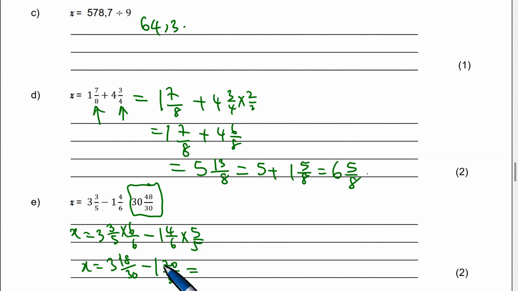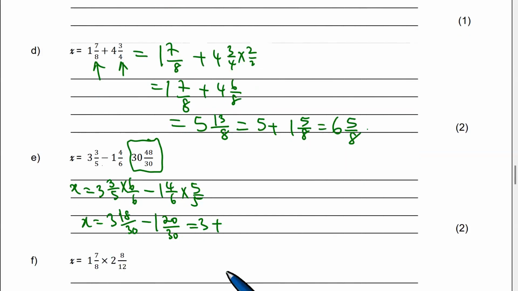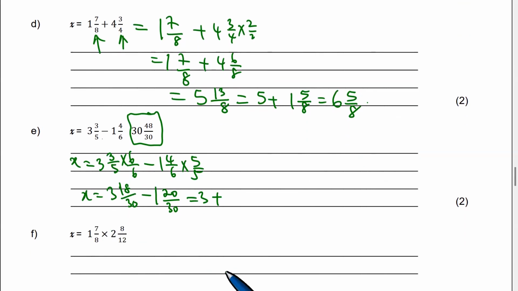Then you have the following. This is exactly 3 plus 18 out of 30, and minus 1 minus 20 out of 30. What is 3 minus 1?